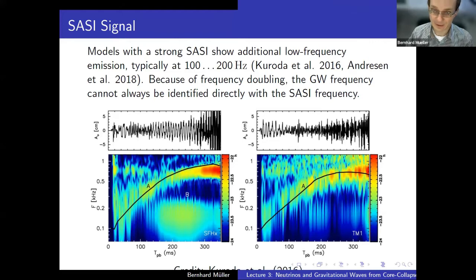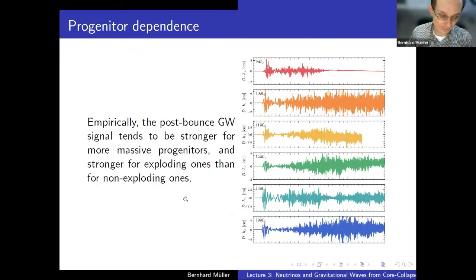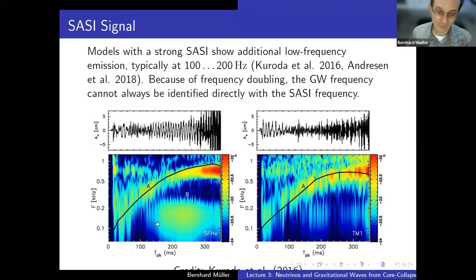And in case you have models where there is strong SASI activity, you can find an extra signal component that tends to live at frequencies of about 100 to 200 hertz.